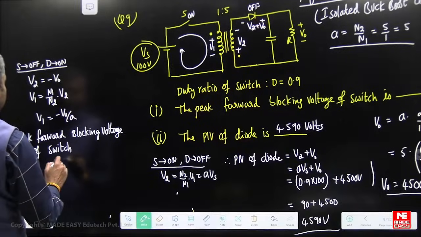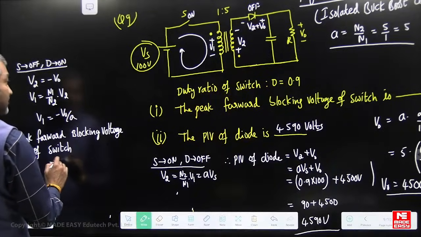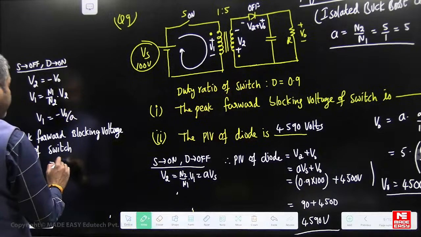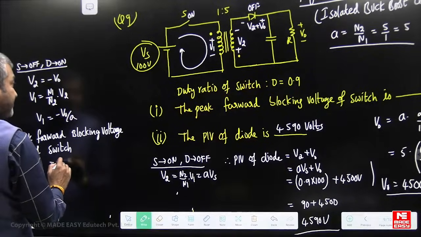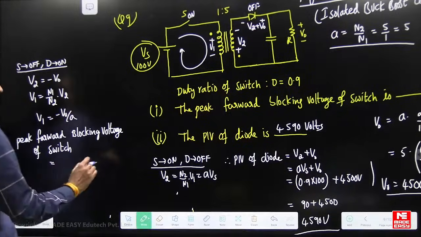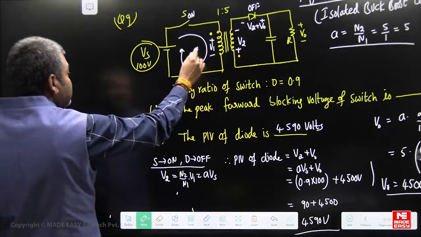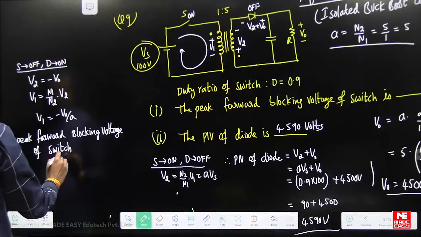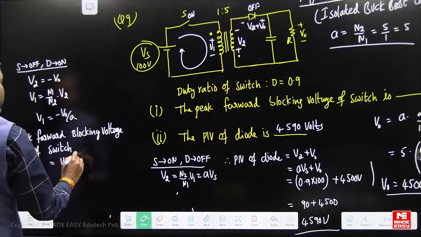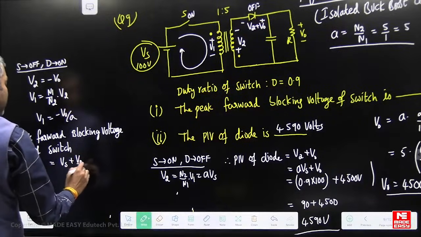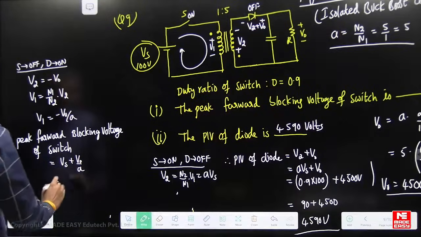What is the peak forward blocking voltage? That is nothing but this voltage, which will reverse in the second mode, plus minus, plus minus. So Vs plus V0 by a, that is the formula. Vs is 100 volts.